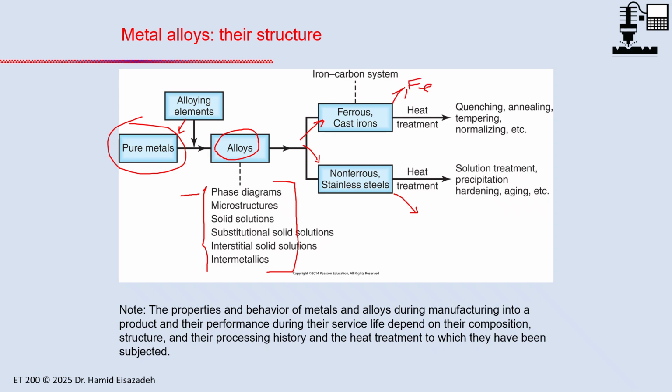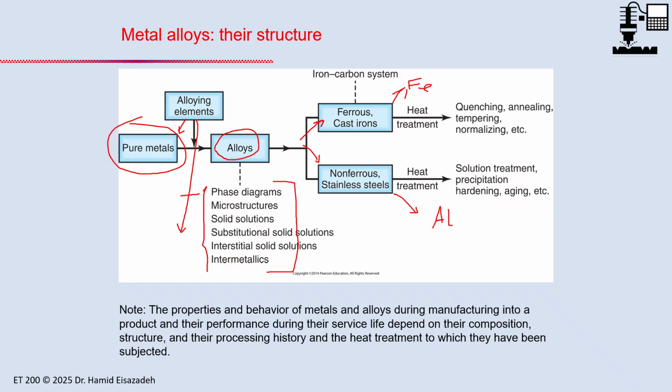This is without Fe: aluminum, copper, and other materials. Mechanical properties like ductility, strength, and the Young modulus all depend on the alloying element.